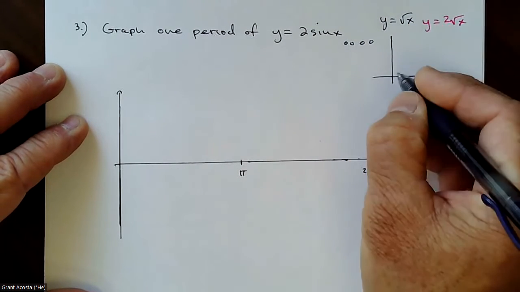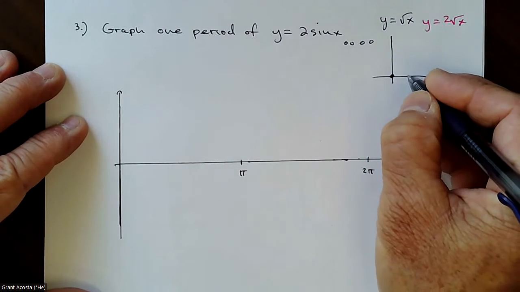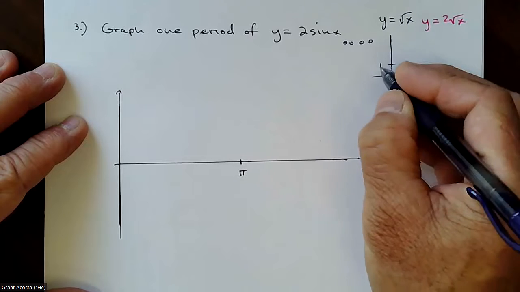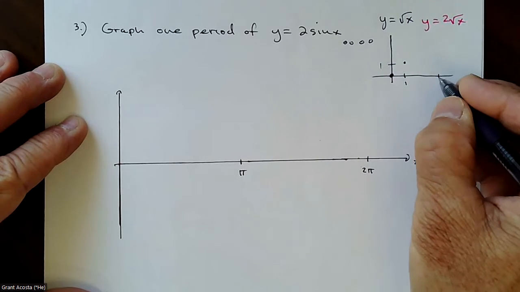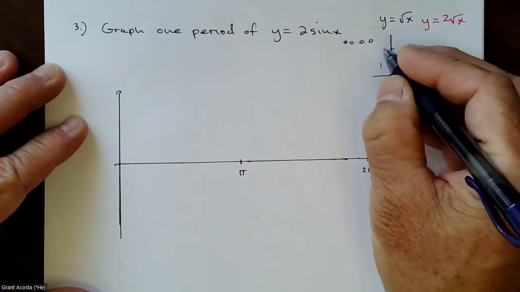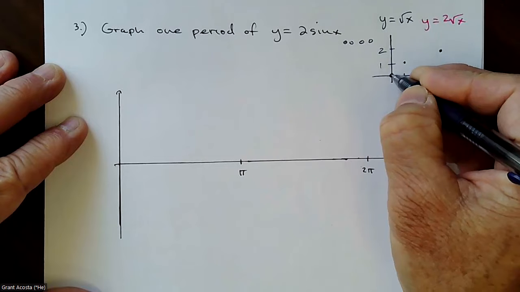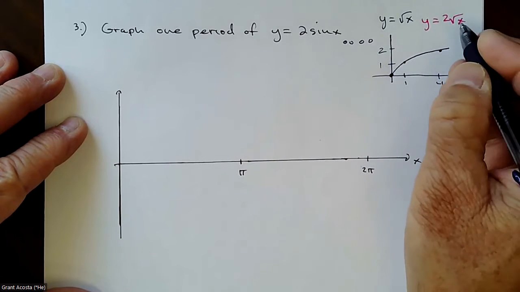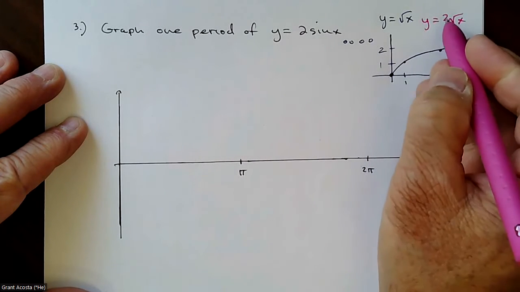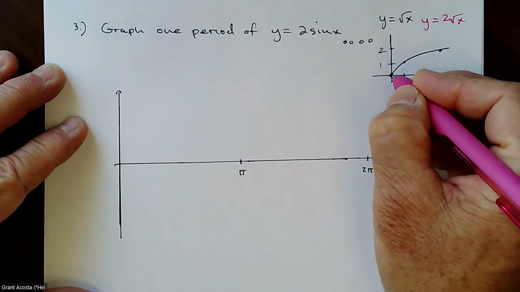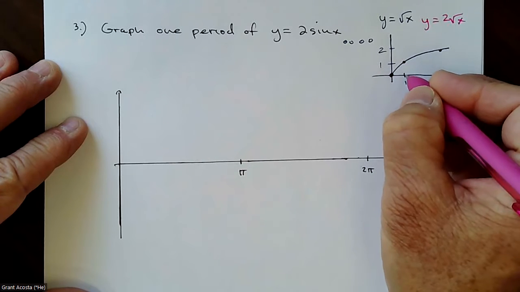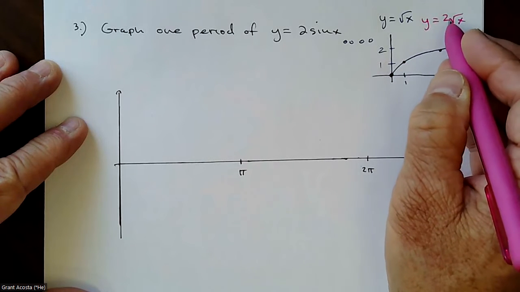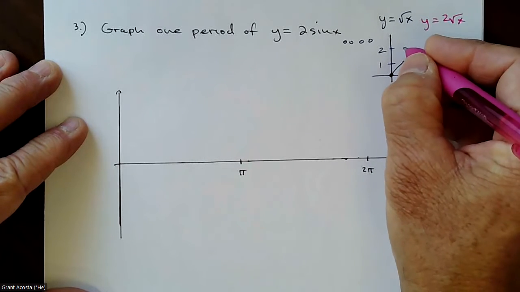Square root of x graph, remember that one goes through 0, 0, 1, 1, 4, 2. So this regular square root graph looks like this. If I was graphing y equals 2 times the square root of x, all it's going to do is take my y values and double them. If I plug in 1 now, I get the square root of 1 times 2 is 2.